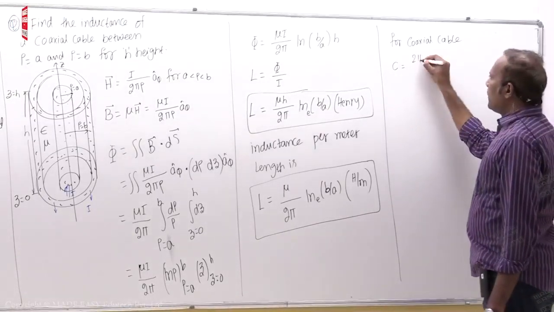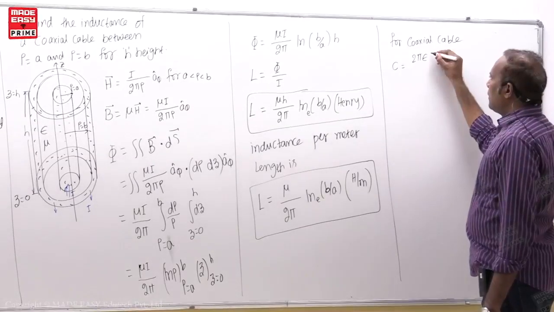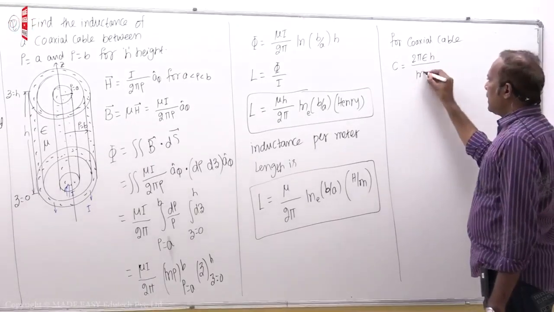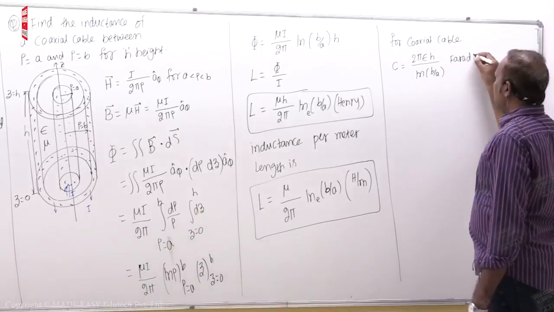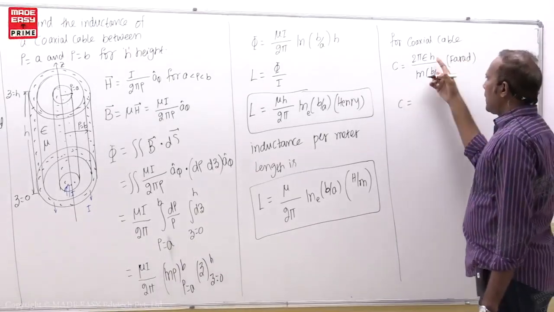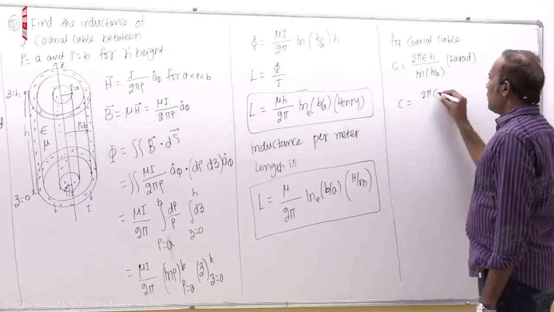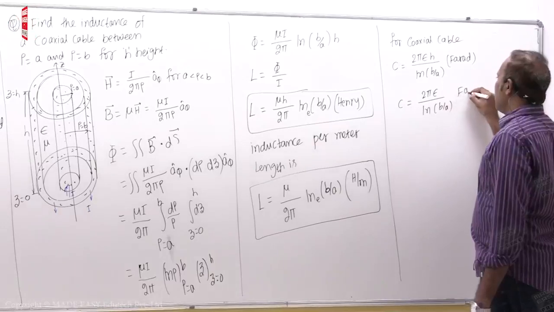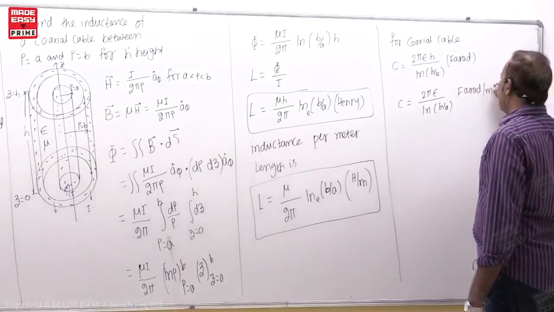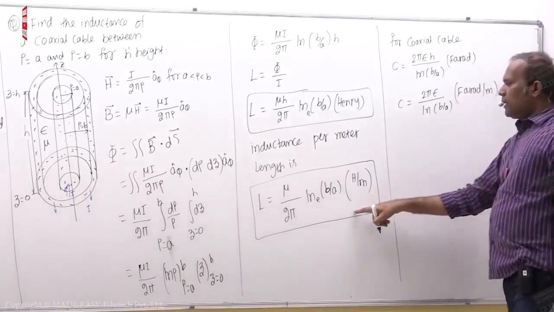That was 2 pi epsilon H divided by ln B by A, that is farad. Then per meter length means H is equal to 1, you have to substitute 2 pi epsilon divided by ln B by A, that is farad per meter. We have derived that. Now this is L.